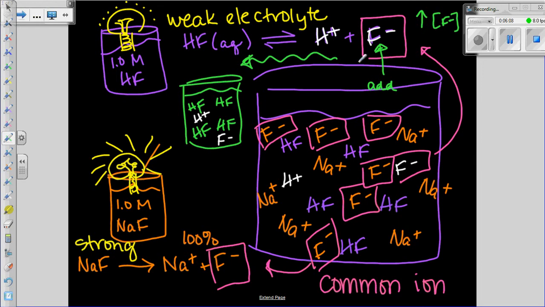And if you think about the equilibrium reactions that we've done, where we've done math with them, this shifting back toward molecular HF makes this solution much less acidic than it would be without the addition of the common ion.